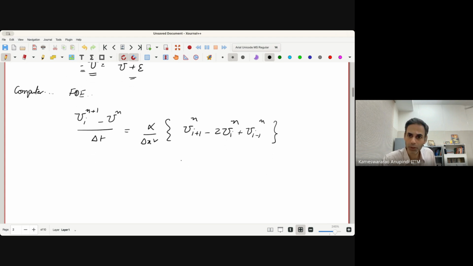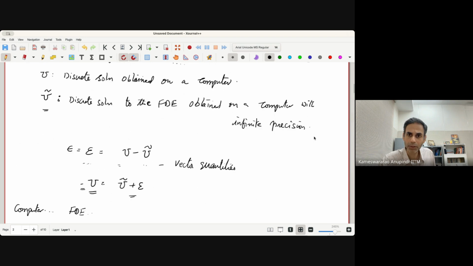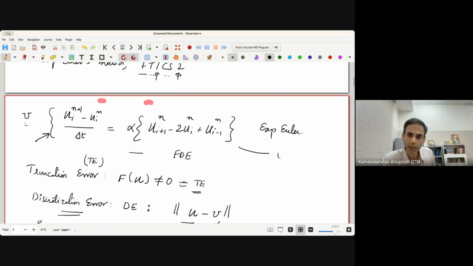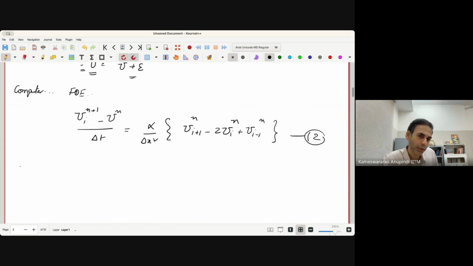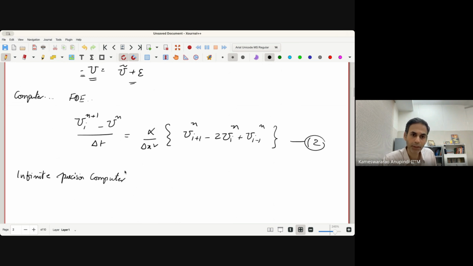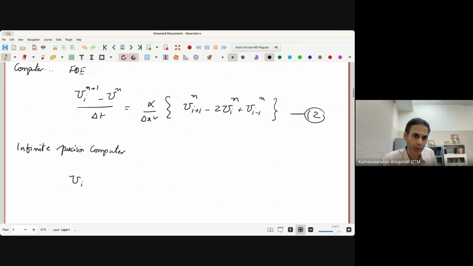Let me call this equation 2, and call the previous equation 1. Now let us say we solve equation 1 on an infinite precision computer. Then the solution we obtained, that is u tilde, was obtained by essentially solving this equation.